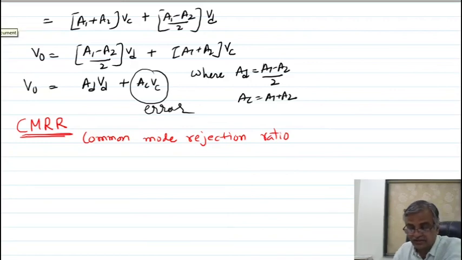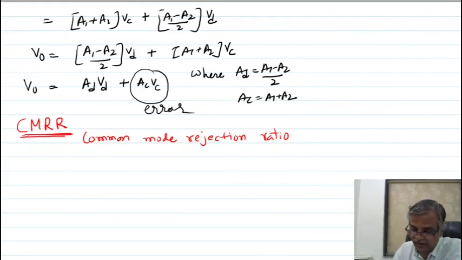Common mode rejection ratio expresses how successful a differential amplifier is in providing differential gain and rejecting common mode gain. Listen again. CMRR expresses how successful a differential amplifier is in providing differential gain and rejecting common mode gain.